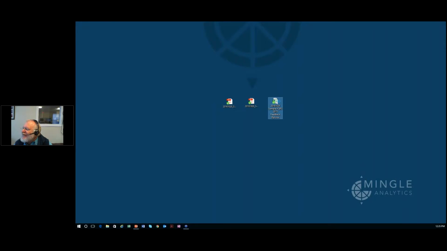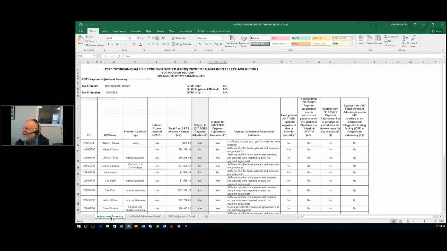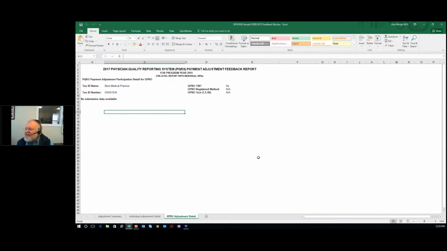I did want to show you a feedback report. The standard format of a feedback report is an Excel spreadsheet. This details your performance on PQRS. And again, it has the standard format. There's a summary page. There's a page that goes through the individual adjustments for each of the providers, and then your GPRO.